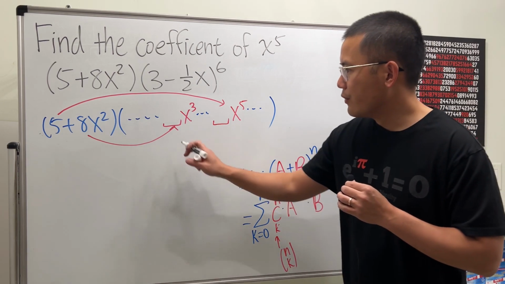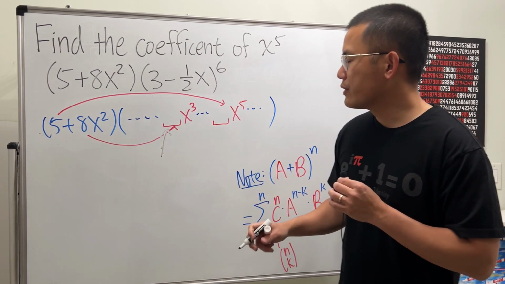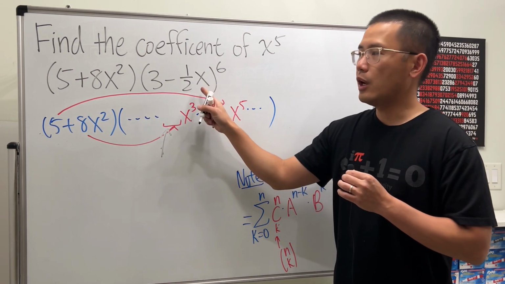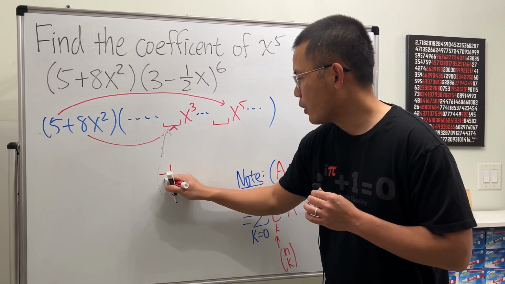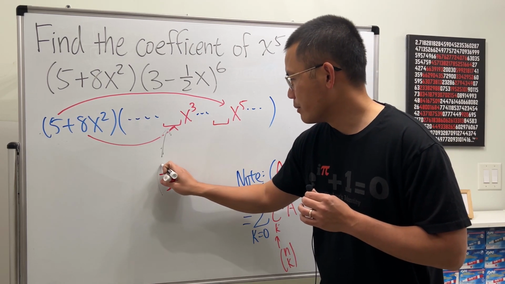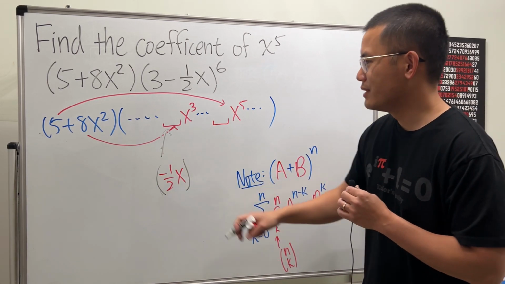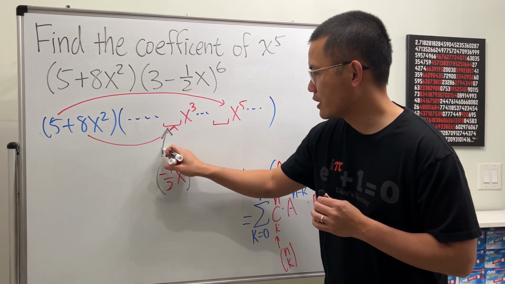Okay, now for this term, we have to think about how to get the x to the third power from here, right? So let's start with this part first. So that means we must have negative 1/2 x. I know the marker is not showing. Just have to keep writing down a little bit. See? So you have to make it work.